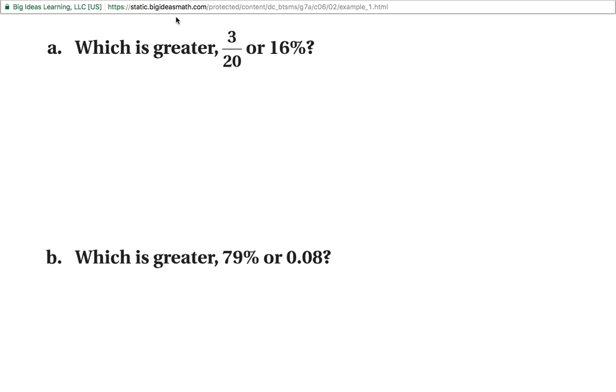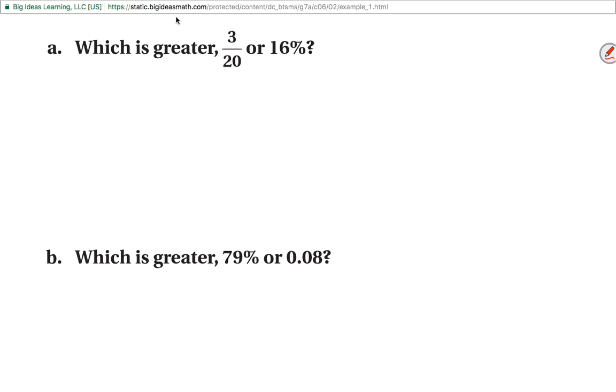But if you're trying to compare them, the easiest thing to do is to get a common denominator. That's for fractions. If you're getting decimals, just convert them all to decimals and then compare from that point, and the same thing with percents. So if I see 3/20ths or 16%, my personal preference is to get that fraction out of 100 because a percent is out of 100, and then convert it to a percent.